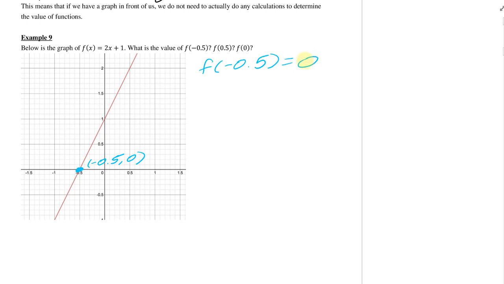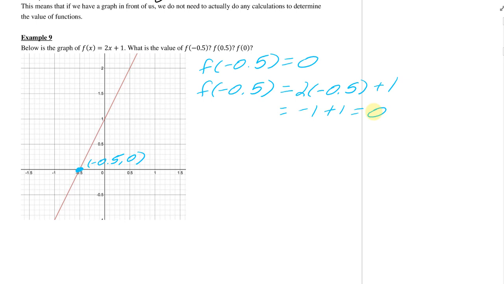But I want to check this. I want to actually believe this. So if I plug this in, f of negative 0.5, this would be 2 times negative 0.5 plus 1. So if you actually work that out, this becomes negative 1 plus 1, so that definitely equals 0.